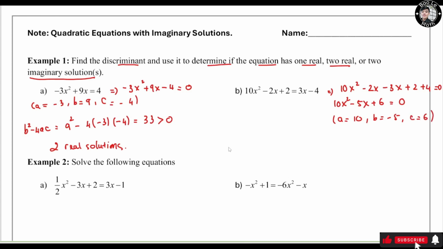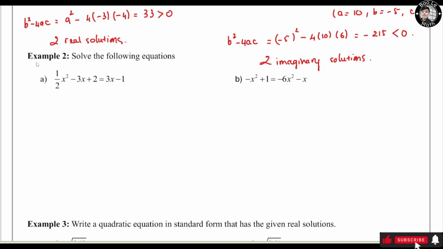So the discriminant b squared minus 4ac equals negative 5 all squared minus 4 times 10 times 6. If we simplify this, it's negative 215, which is less than 0. Then the original equation has no real solution. In other words, it has two imaginary solutions.